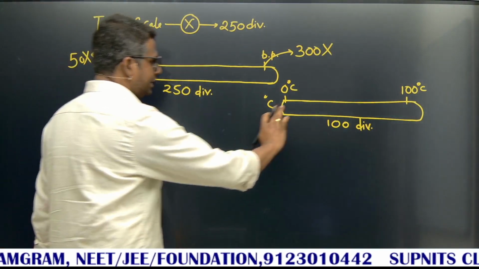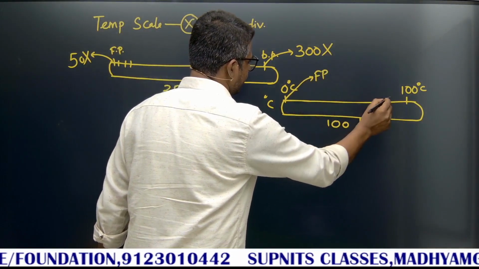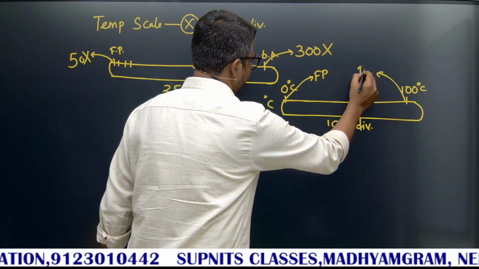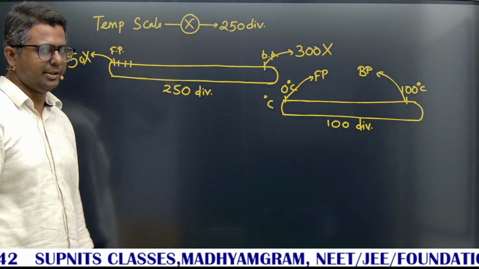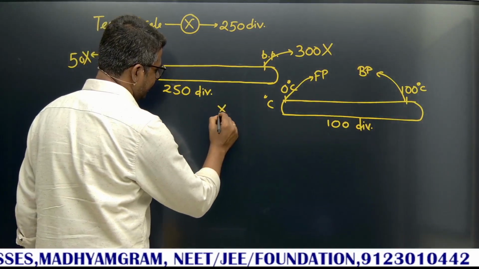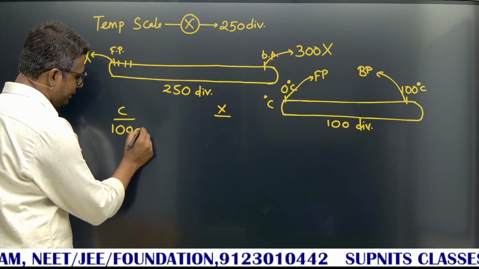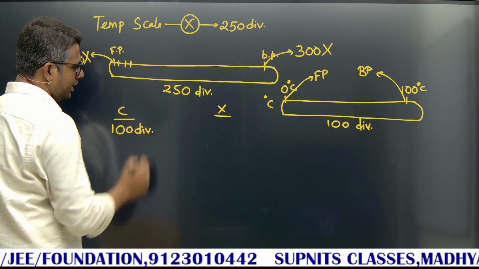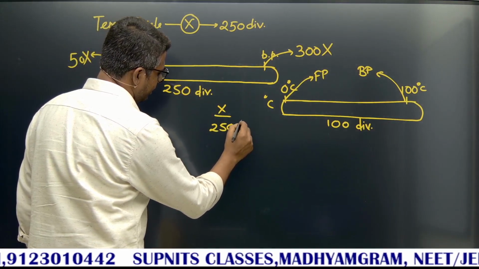Now, this temperature range is again for the freezing point of water and boiling point of water. This thing doesn't change. So I can easily say that in the Celsius scale there are 100 divisions, in the X scale there will be 250 divisions.